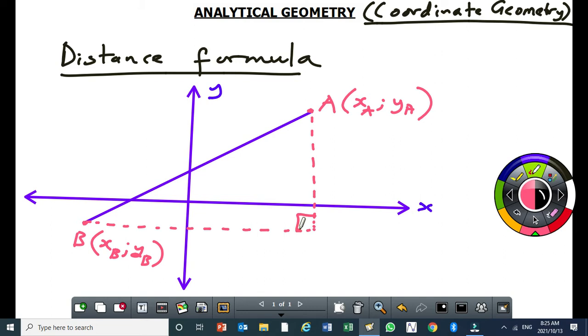It means that I can now use the theorem of Pythagoras. Now be aware that at this point, the value of x, okay, here is going to be XA. The value of y is going to be YB. Okay?